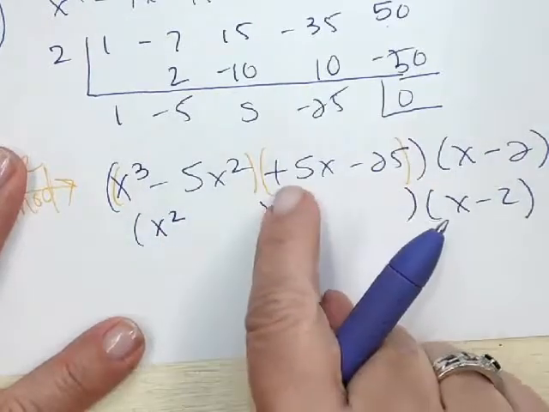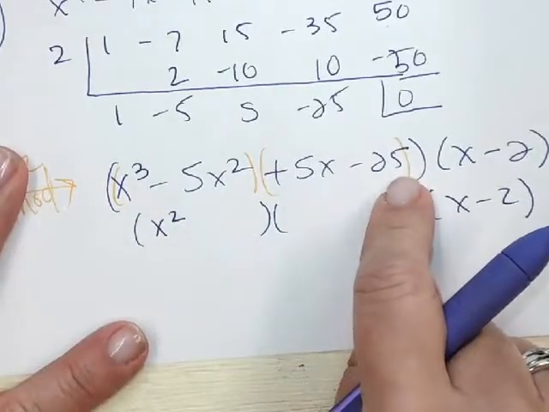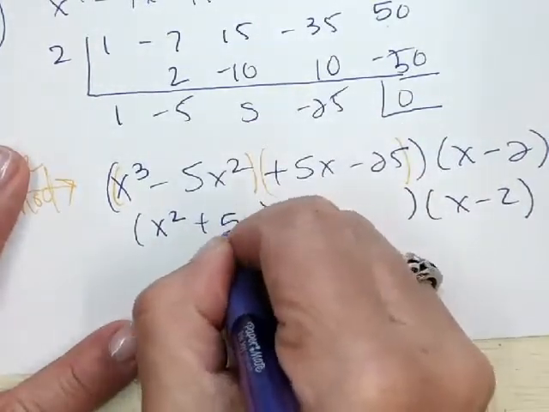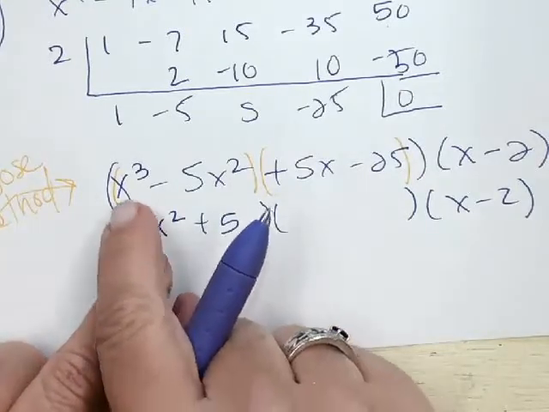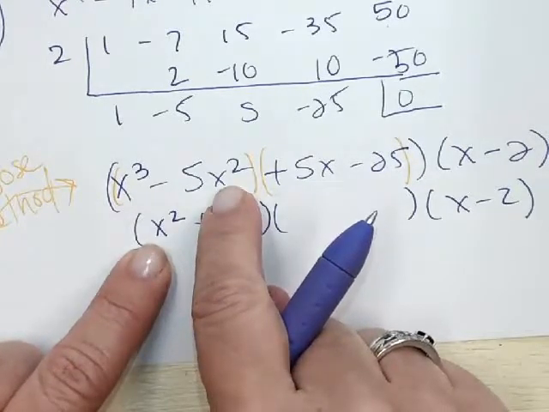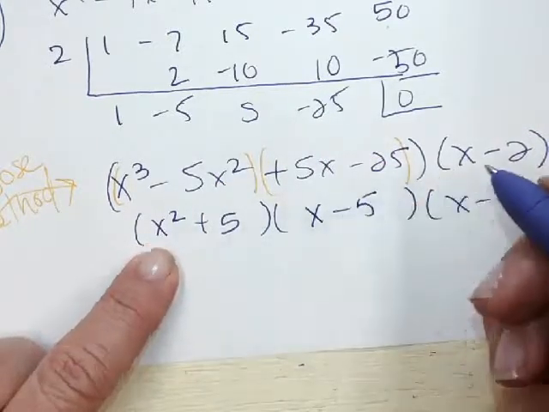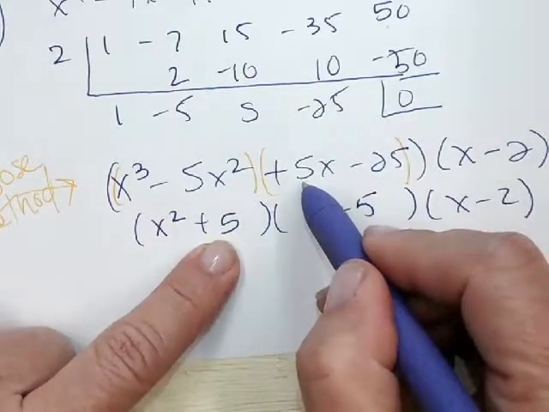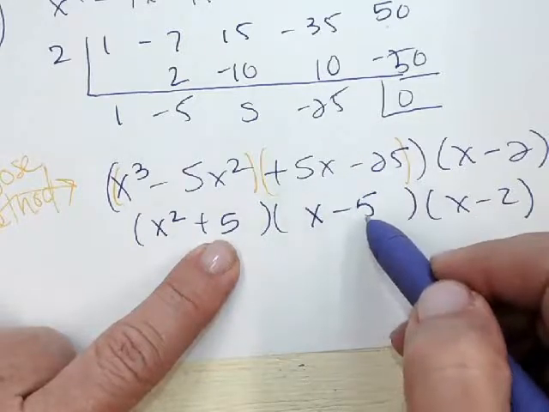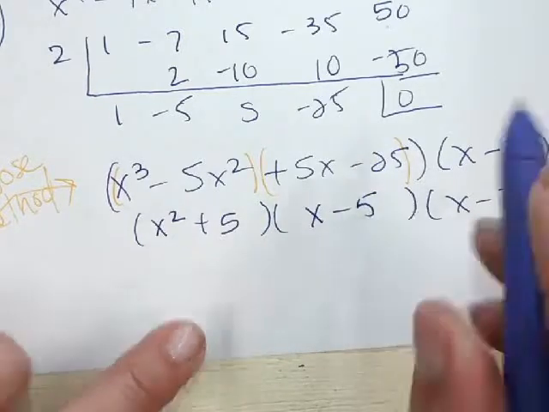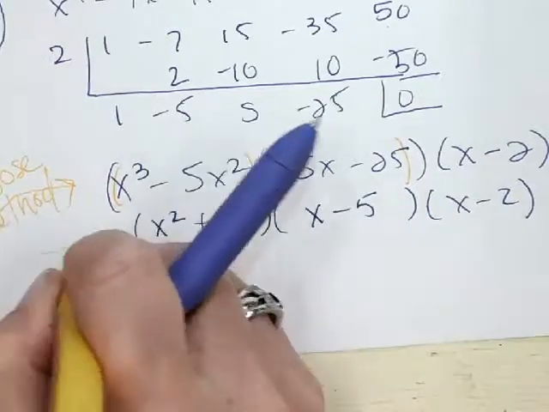What can I take out of 5x minus 25? When I factor an x squared out of this first binomial, I'm going to get x minus 5. When I factor a 5 out of the second binomial, I'm going to get x minus 5. So this is right. So now we need to check for more.